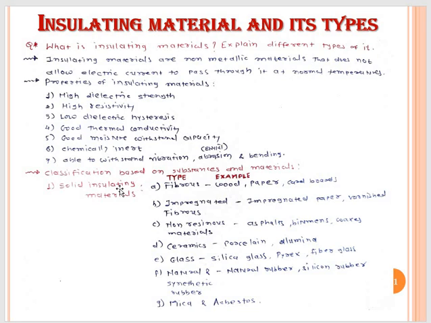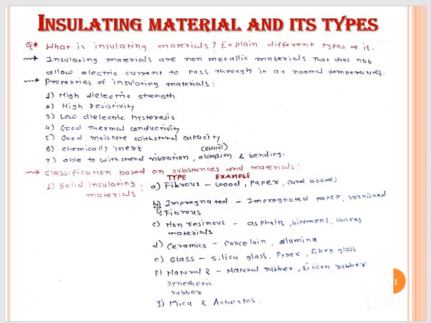First, its types and examples. A, fibrous solid insulating materials. Examples are wood, paper, cardboards, etc. Second, impregnated fibrous.